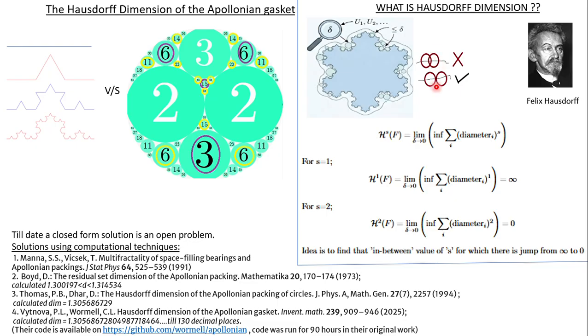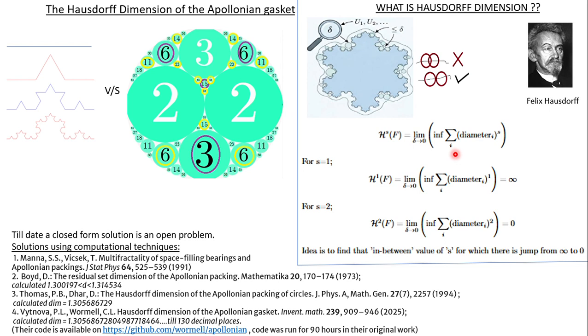So infimum, which means of course you are not covering with overlapping circles, so we cover by non-overlapping circles, and the s will give what power of the diameter, if we sum what power of the diameter of the circles, will cover this entire perimeter.